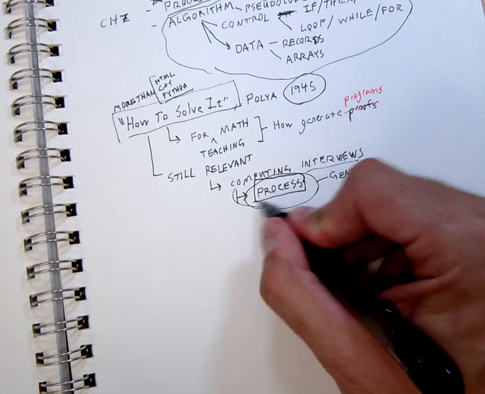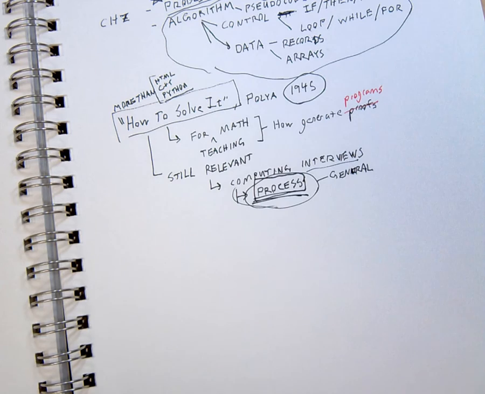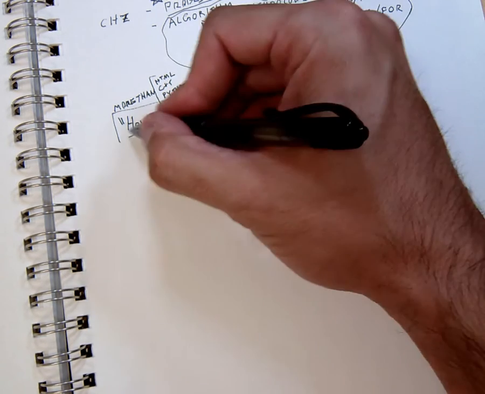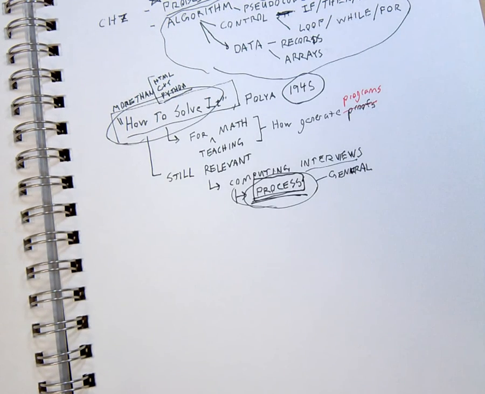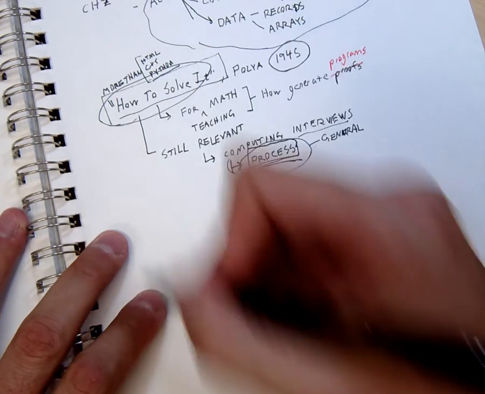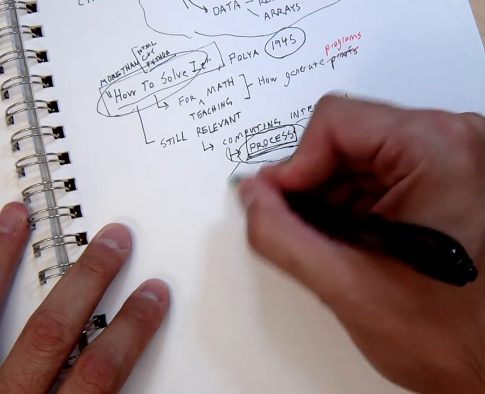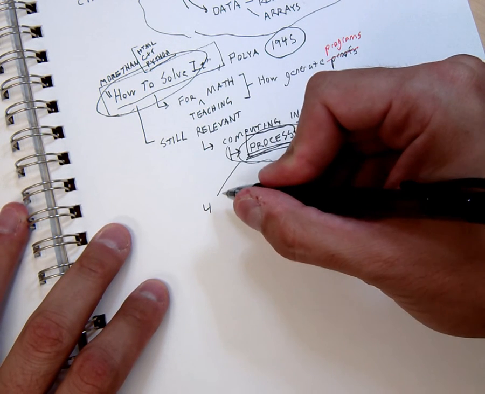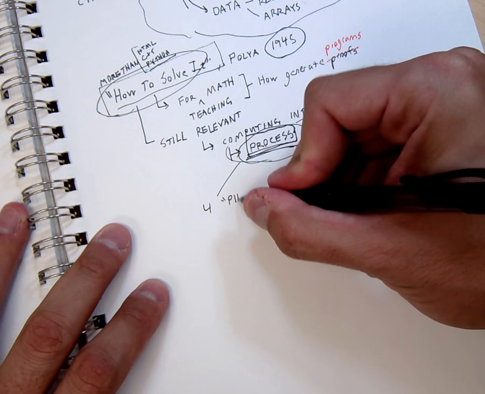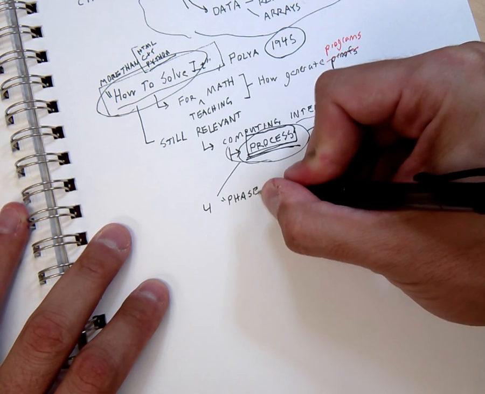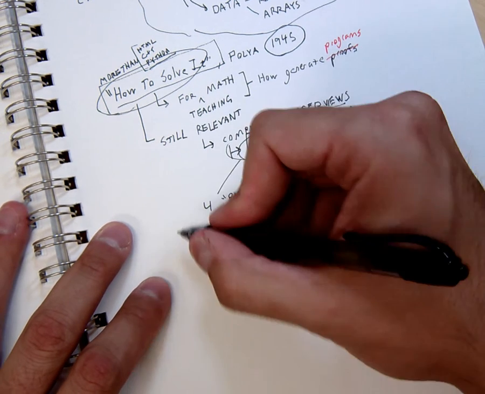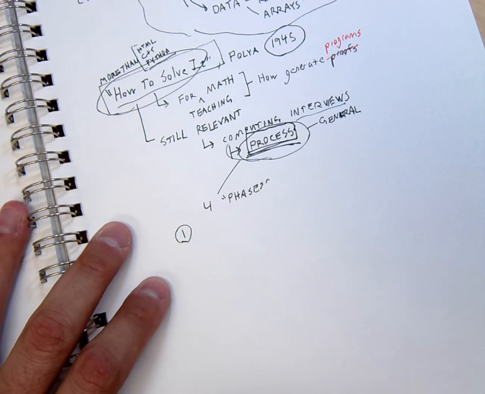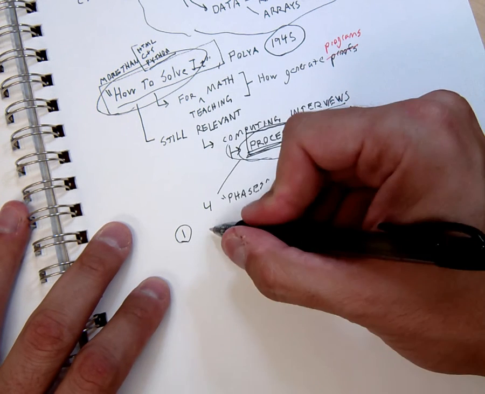So there's a general process and principles for solving problems, and this book really enumerates them. It breaks the problem solving process into 4 steps, or let's just say phases of problem solving. And the first one is understanding.